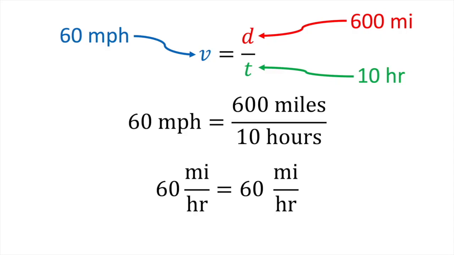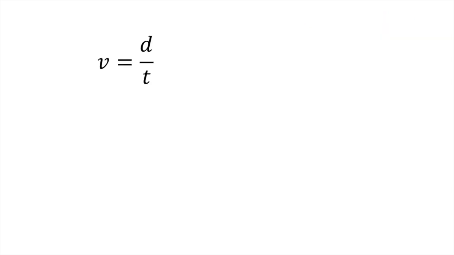So we know that this equation holds. I want to emphasize in particular here that the equation has the same units on both the left-hand side and the right-hand side of the equation. Or in other words, the equation is dimensionally consistent.